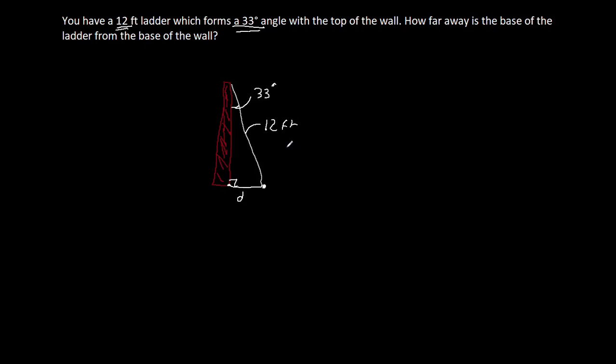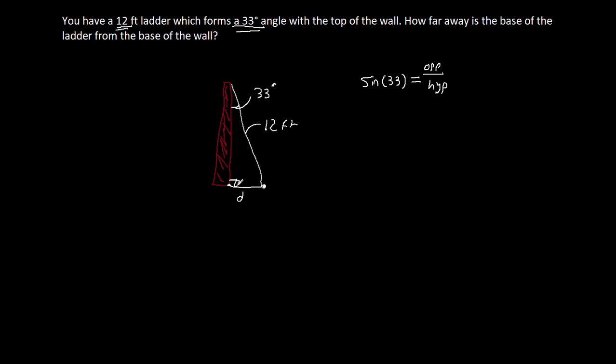Okay, so now I want to go back through conceptually what we have and what we want. We have this angle, 33. If we were to take the sine of 33, what would that relate? Well, sine is opposite over hypotenuse. Let's look at what we have.